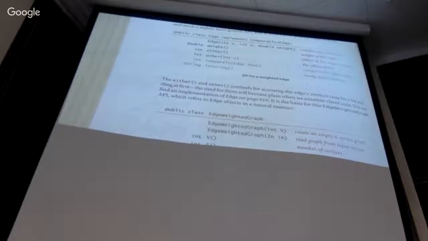So if I have an edge VW, my either operation could return V or W. Because it's an undirected graph, if either returns W, then other returns V. So that's just a bit of housekeeping in the algorithm itself.